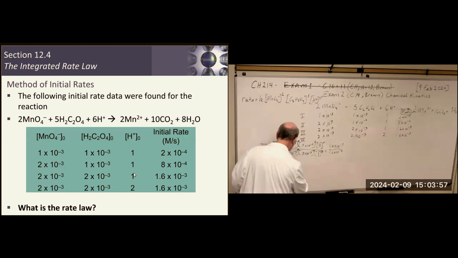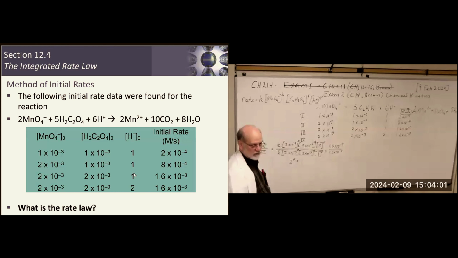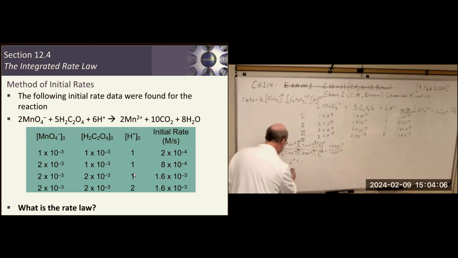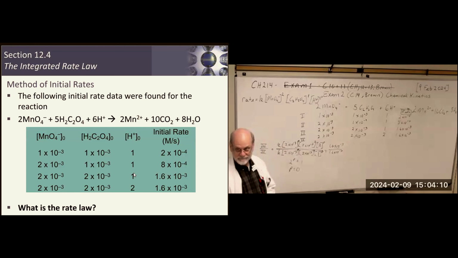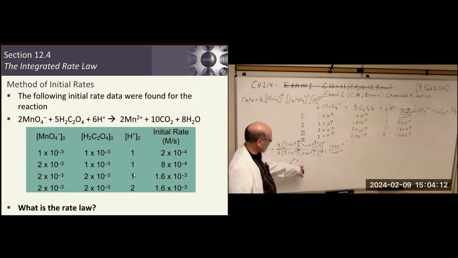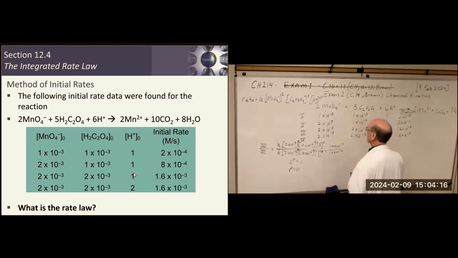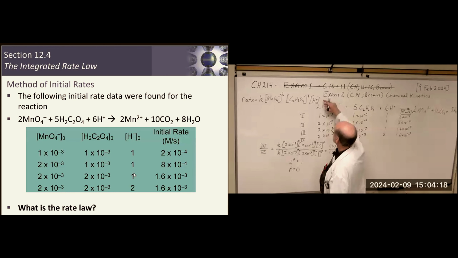We're left with 2 to the p equals 1. Right? 1.6 divided by 1.6 is 1. So p equals 0. 2 has to be to the 0 power to equal 1. Yeah. So this is 0 order.